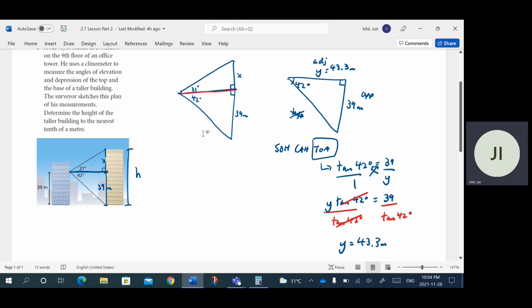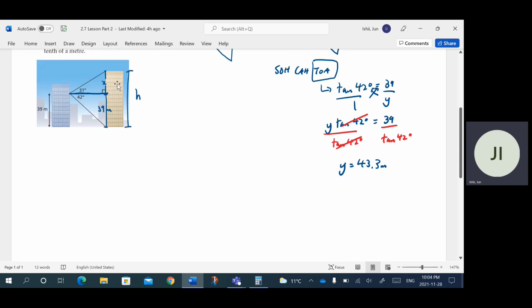Now we should be able to work with the upper triangle, so I'm going to redraw that one here. We know that this angle here is 31 degrees, and we found that the shared side here is 43.3 meters. I want to find out what x is.